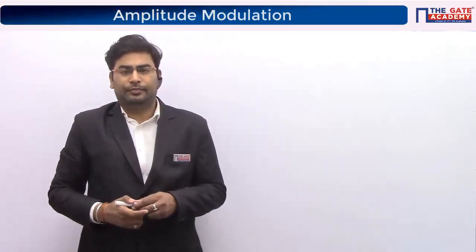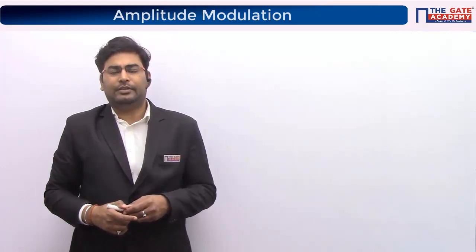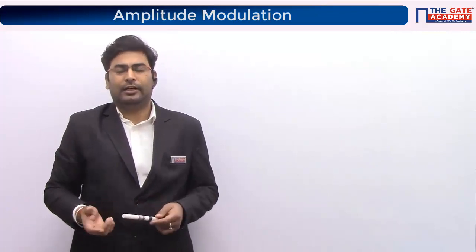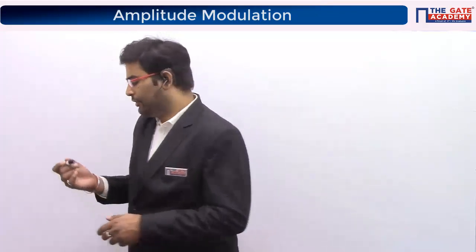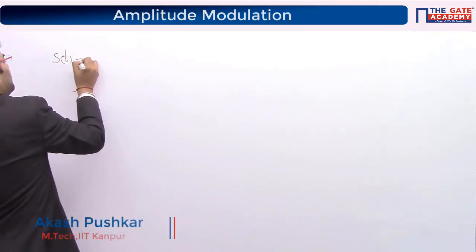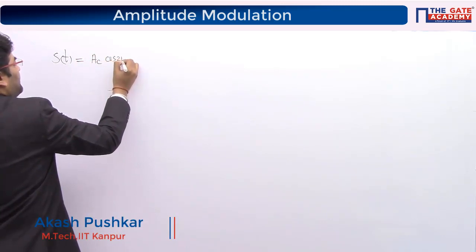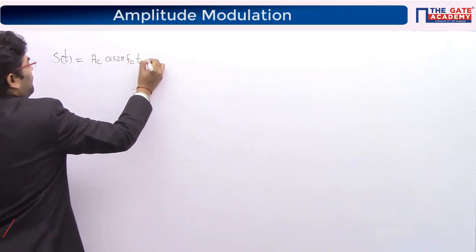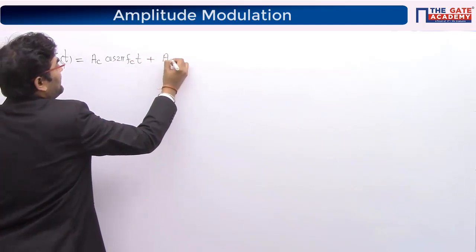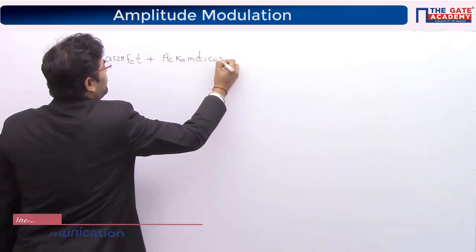Okay, so guys, in the last session we studied the standard equation of AM, and if you recall, it was Ac cos 2 pi fc t plus Ac ka m(t) cos 2 pi fc t.